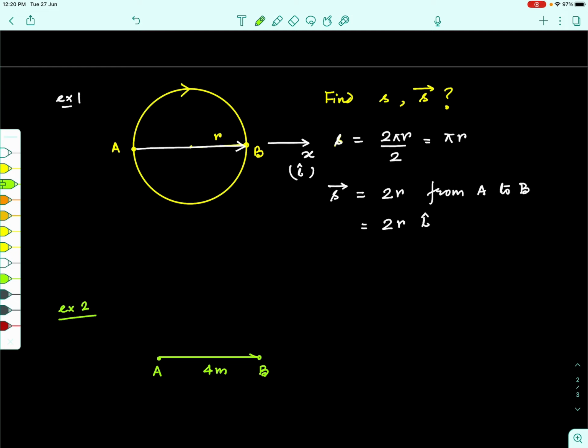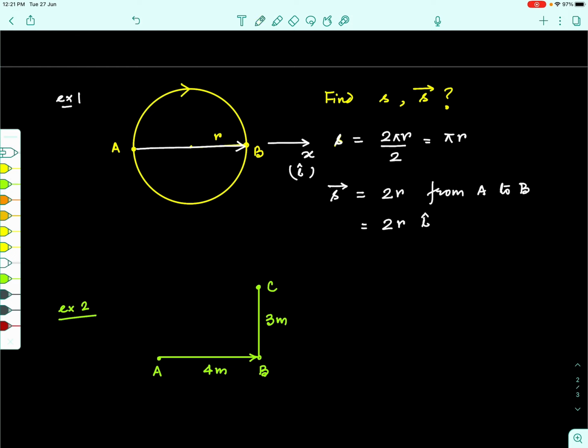So it was moving from A to B like this, and then it takes a left turn, so it moves like this now, and let us say it moves a distance of 3 meters further from B to reach the final position, which we can call as C. And the question is the same. We are supposed to find out the distance travelled by this body as well as the displacement.